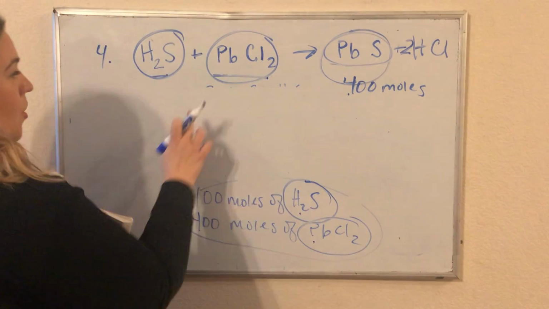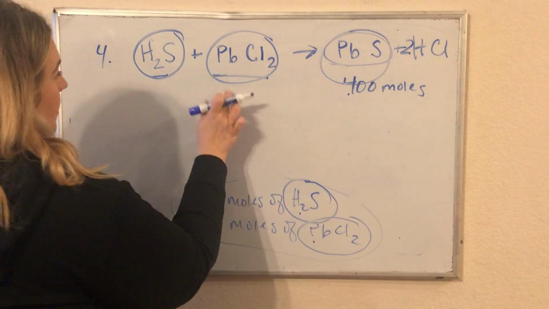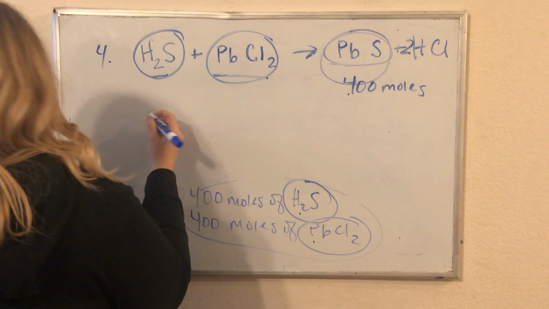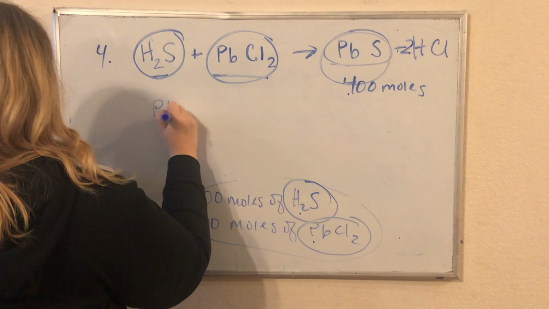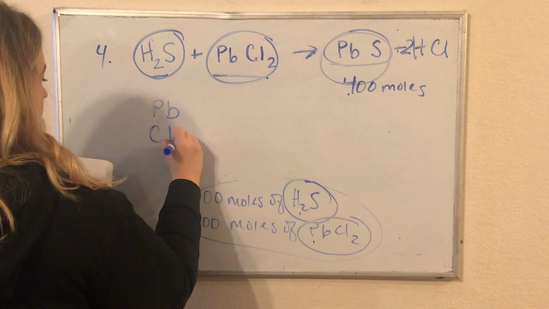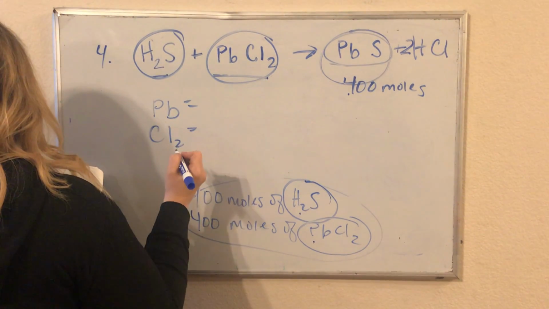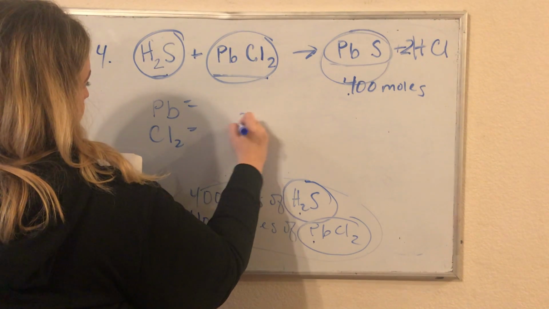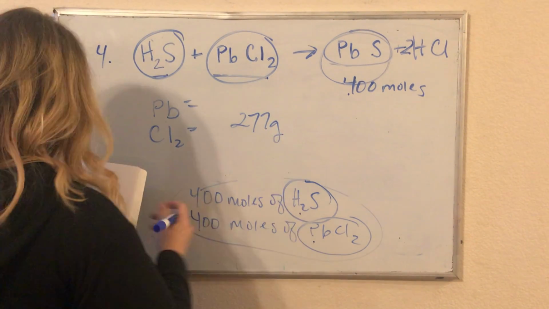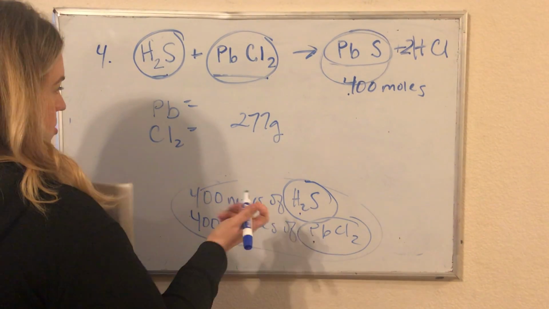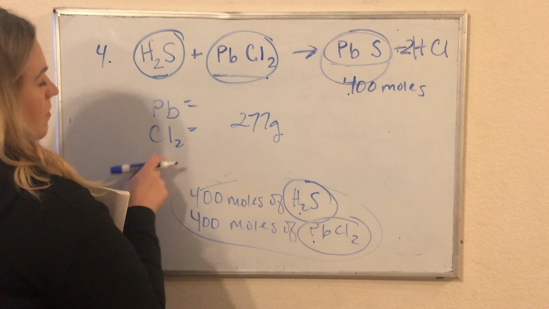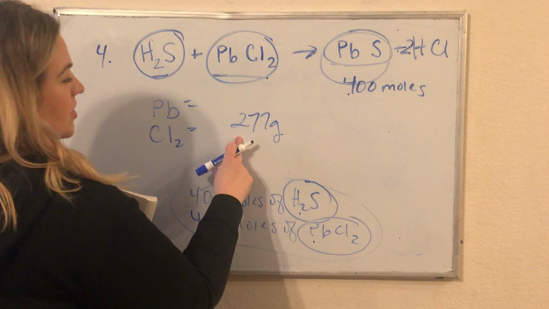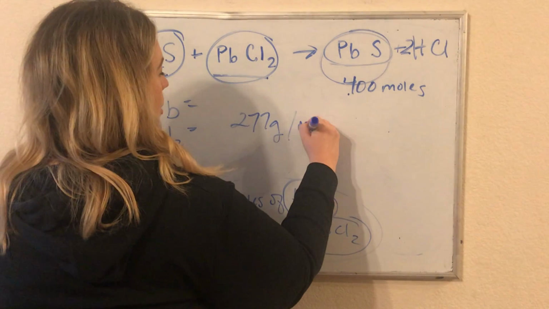So let's find the formula weight for the lead chloride to find out how many grams we need. The molecular weight is, it's 277 total. Okay, so the molecular weight of lead chloride is 277 grams per mole.